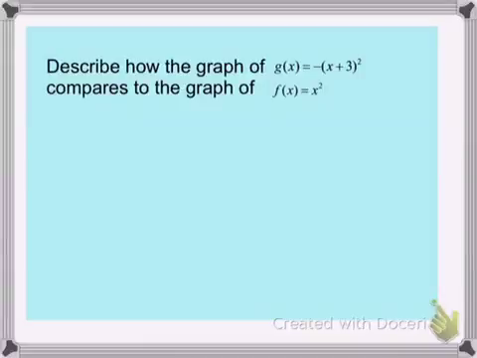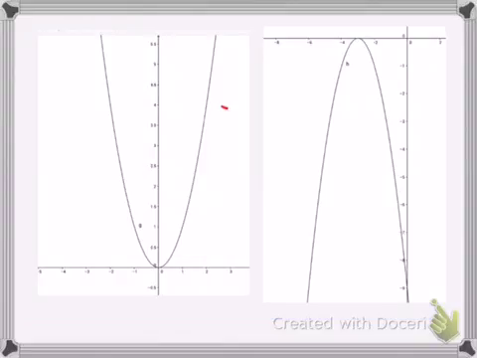Describe how the graph of g of x equals negative (x plus 3) squared compares to y equals x squared. Notice right here, this graph is at 0, 0, shifted to the left 3, and it's flipped over the x-axis.